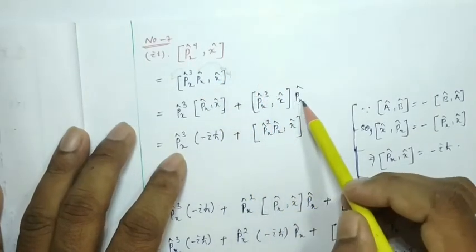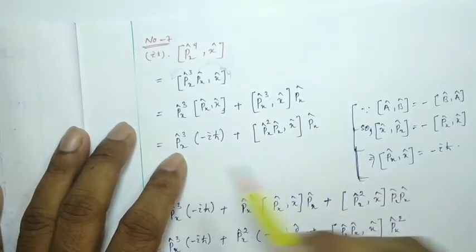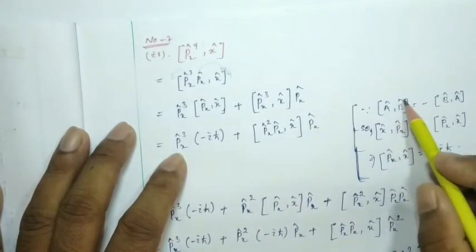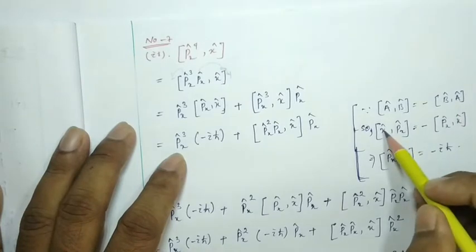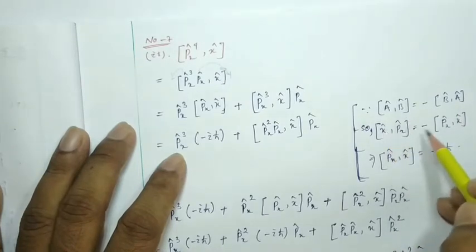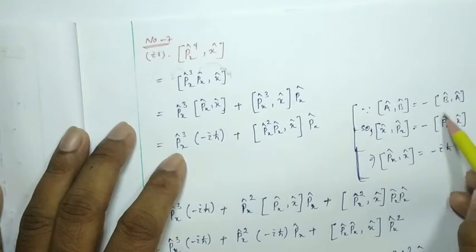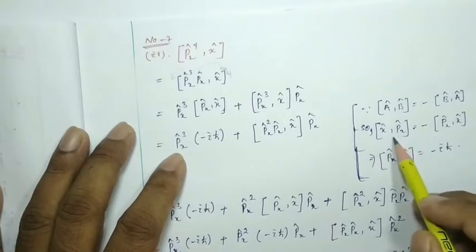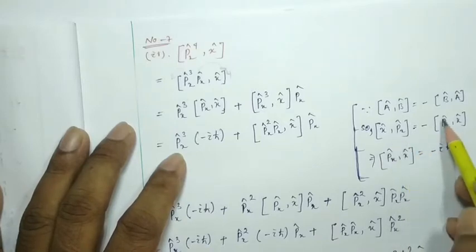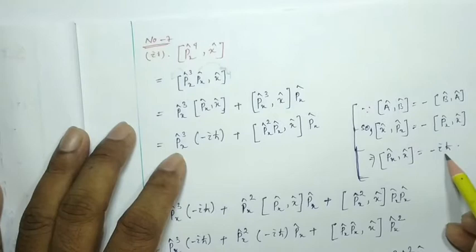Okay, so it will be p_x cap. We know that a cap b cap commutation is nothing but minus b cap a cap, so x cap p_x cap will be nothing but minus p_x cap x cap. Or we can say that the x cap p_x cap commutation value is i h cross. Hence p_x cap x cap will be minus i h cross.